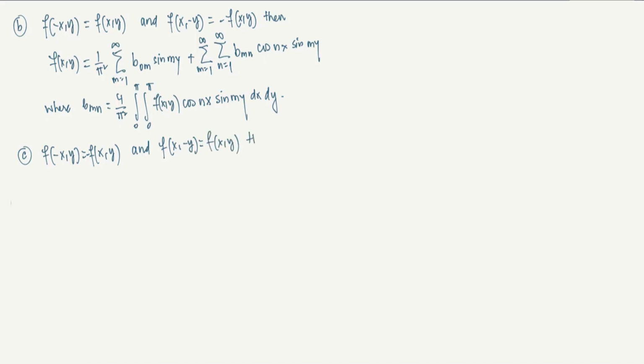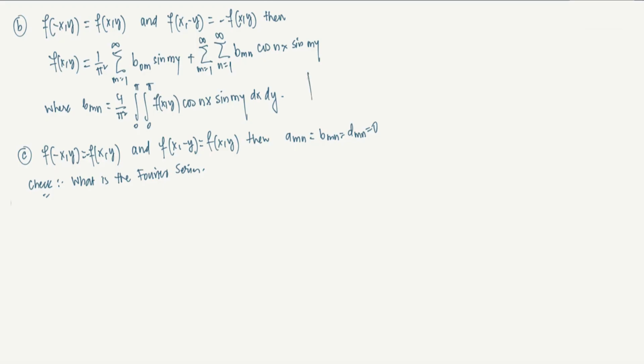Then all I can say is that in this case a mn, b mn and d mn are 0. You have to check what the Fourier series is in this case. Fourier series. Again, one second, I forgot to write here.